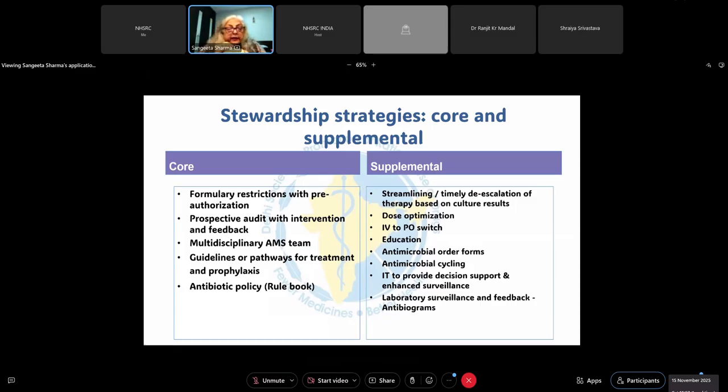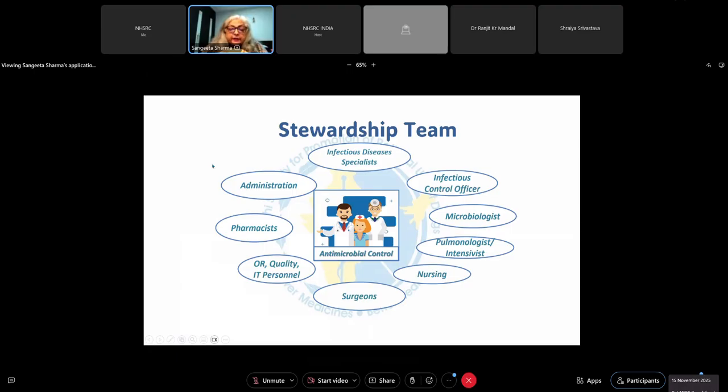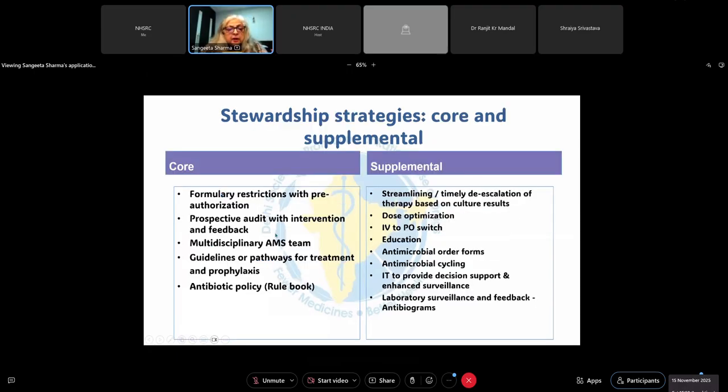I was looking at the profile of the people who took the pre-test today. Many of you are CMOs and quality officers. So we can do something at the hospital level, health facility level as well. For example, formulary restrictions, audits, you are all aware of this. There should be a multidisciplinary AMS team. I'll be talking about formulary restrictions in detail.